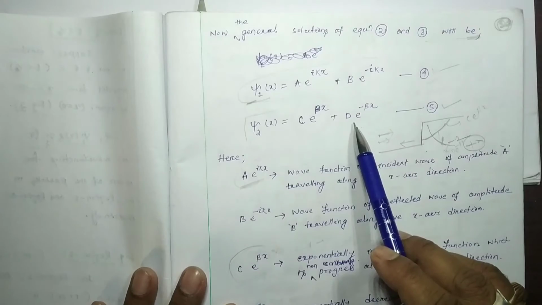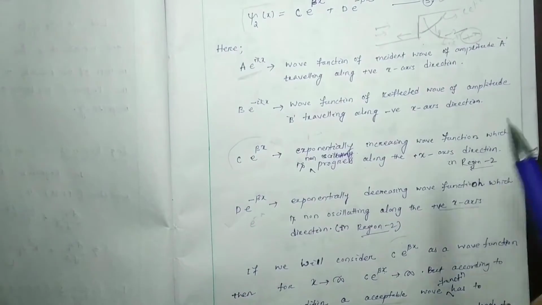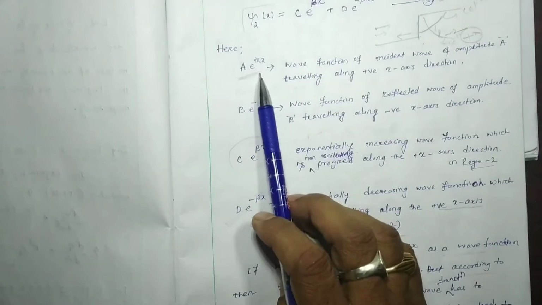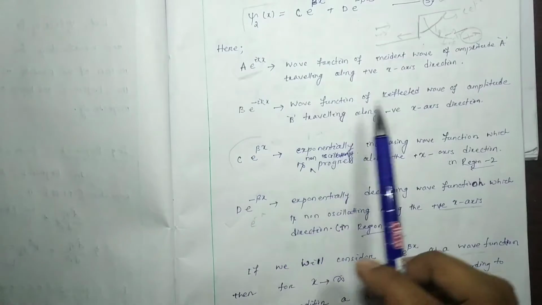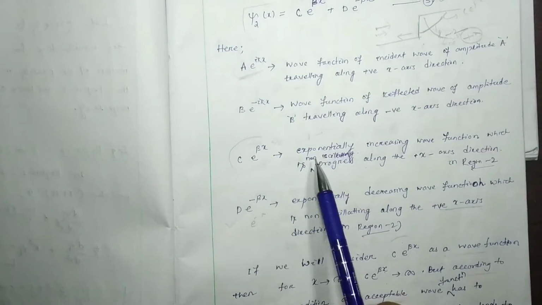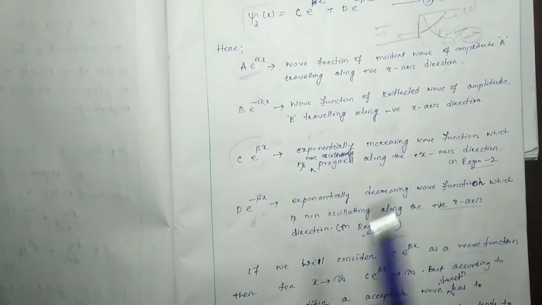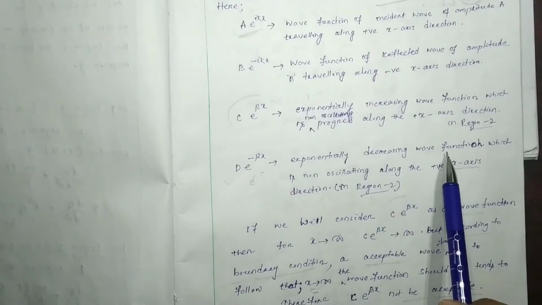At that time we discussed that one is the wave function belonging to the incident wave, one belongs to the reflected wave, one represents an exponentially increasing wave function and one an exponentially decreasing wave function.